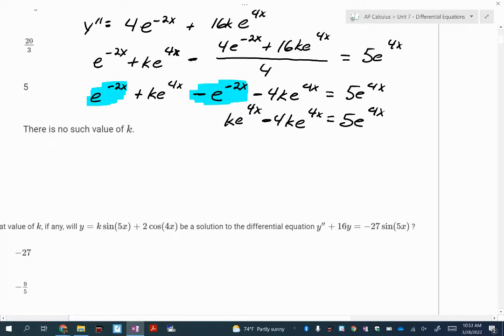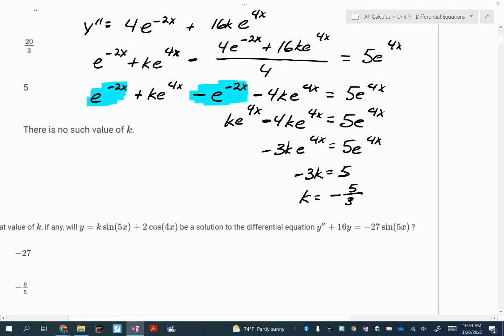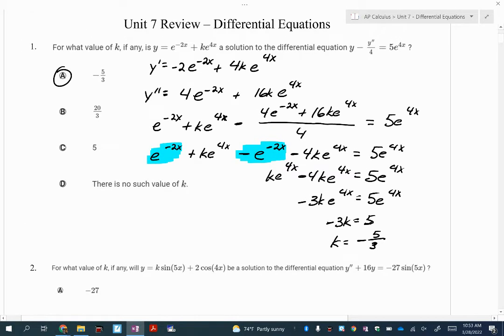So k minus 4k is negative 3k. And then e to the 4x is on both sides, so really this just becomes an algebra question. What's going to make this true? K is equal to negative 5/3, which is letter A.